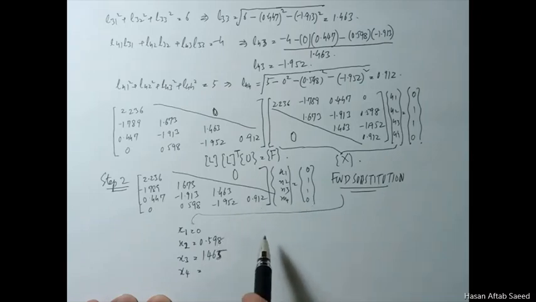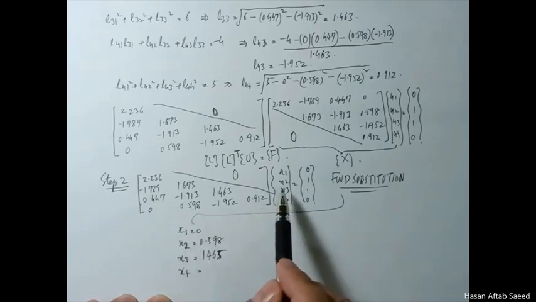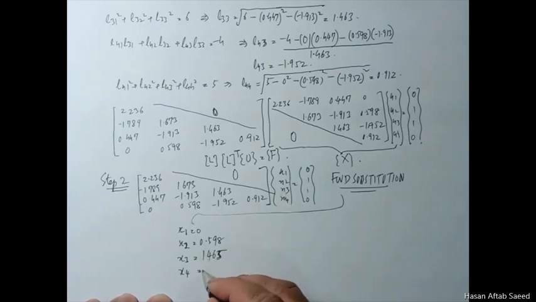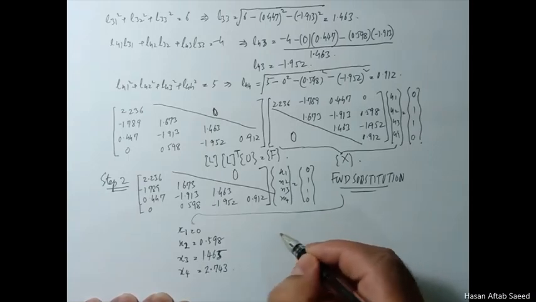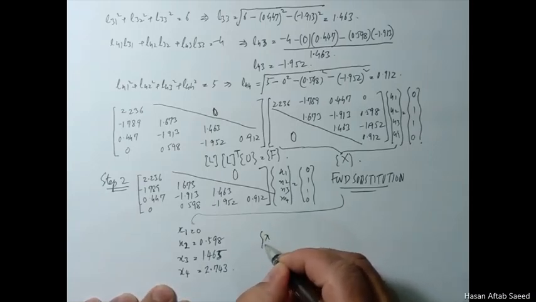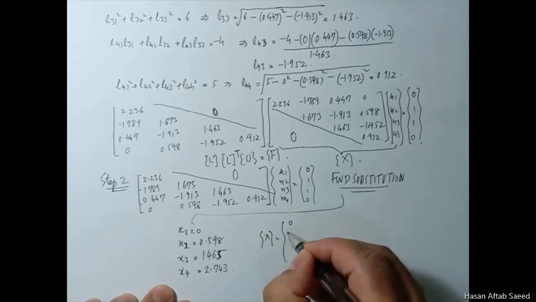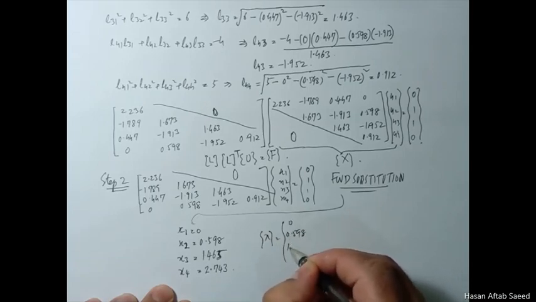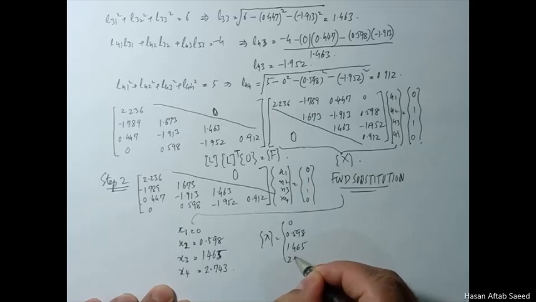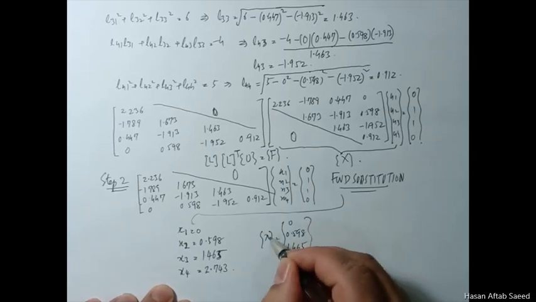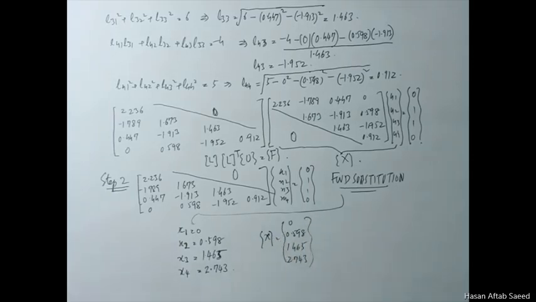Put the values of x1, x2 and x3, and you get x4, which is 2.743. So your x is 0, 0.598, 1.465, 2.743. But this was just an intermediate step.